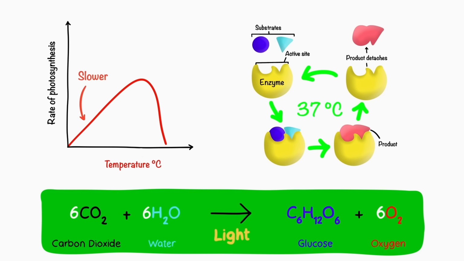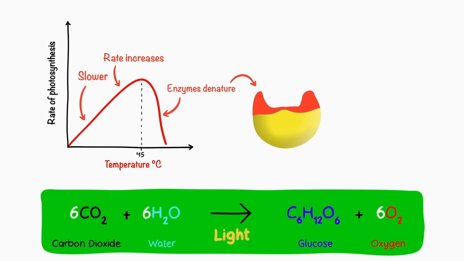At low temperatures, the enzymes work more slowly, limiting the rate of photosynthesis. As temperature increases, the rate of photosynthesis increases as enzymes work more efficiently. However, if temperatures get too high, for example, around 45 degrees Celsius, the enzymes begin to denature or become damaged. This causes a rapid decline in the photosynthesis rate.